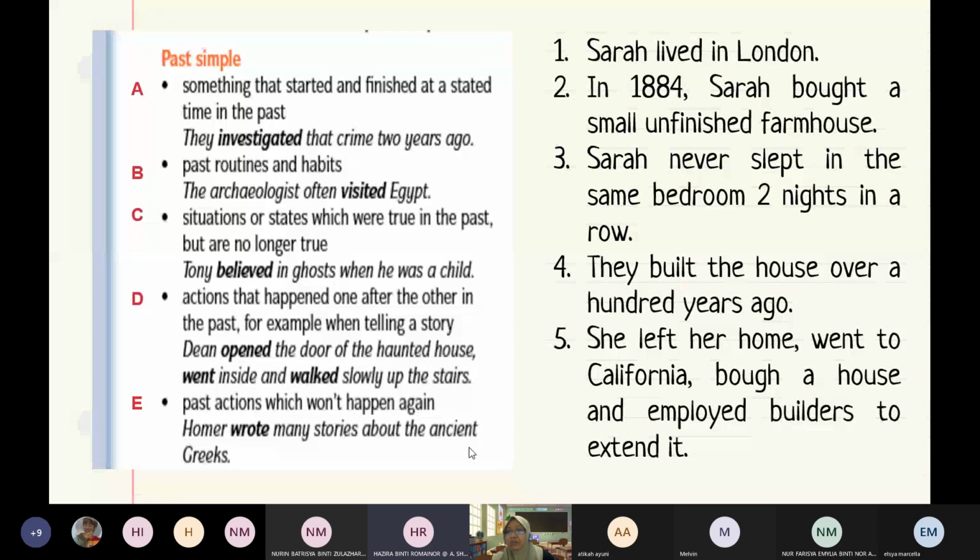Okay, Nurin Batrisha, the first one. Sarah lived in London. Mana satu keadaan A, B, C, D, E yang menunjukkan you can use past tense for Sarah lived in London?